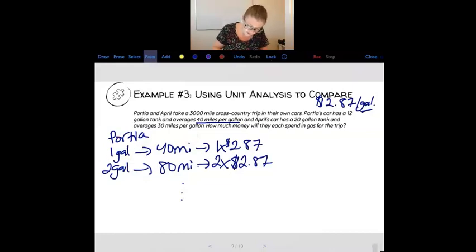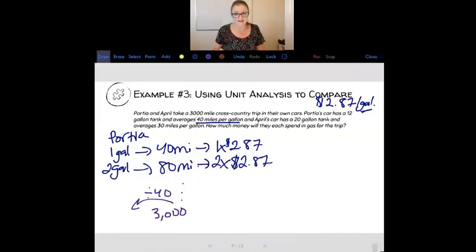So when we go to determine how many gallons of gas Portia is going to need, we can take 3,000 divided by 40, and that would tell us how many gallons of gas Portia will need. So we take 3,000 divided by 40 to get 75. Okay, so 75 gallons of gas will get Portia 3,000 miles.